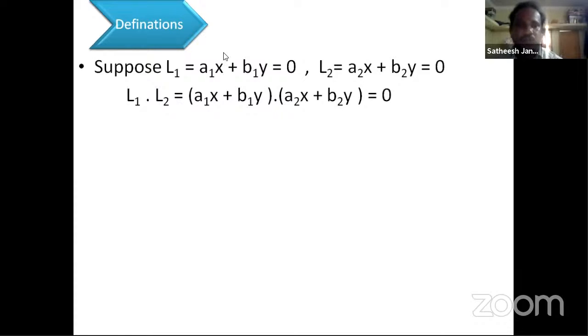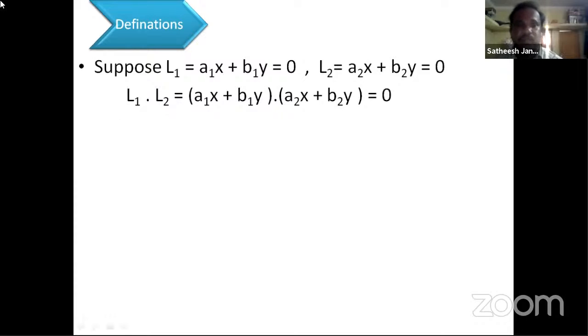That means we are observing the product of two lines which pass through the origin. In other words, we are observing the product of two lines whose locus is the origin. That is L1 times L2 is equal to 0.